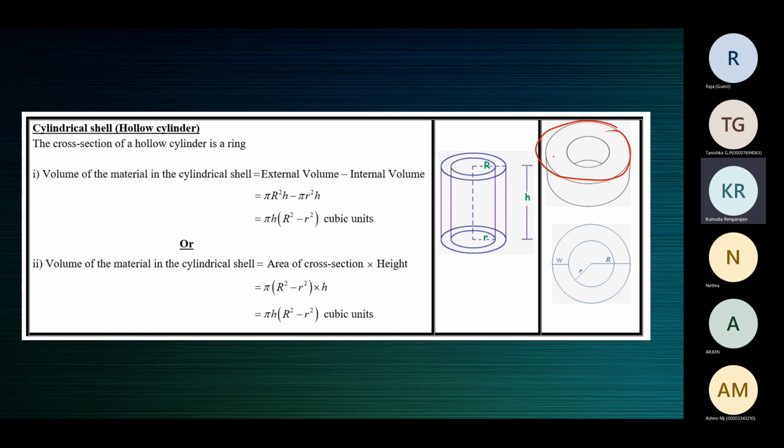When you look at this, think of the sellotape roll. It looks something like this. There is one circle here with radius small r.